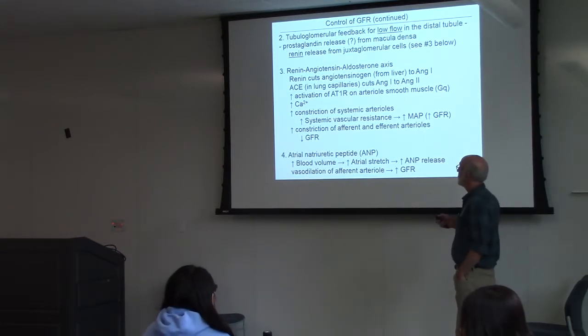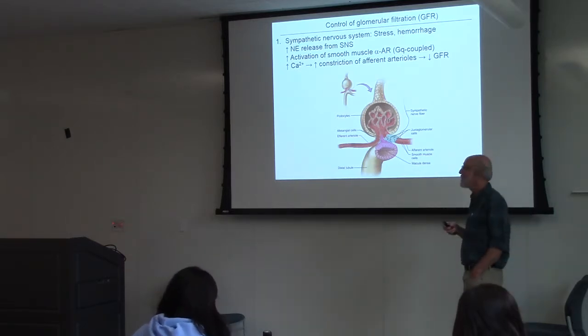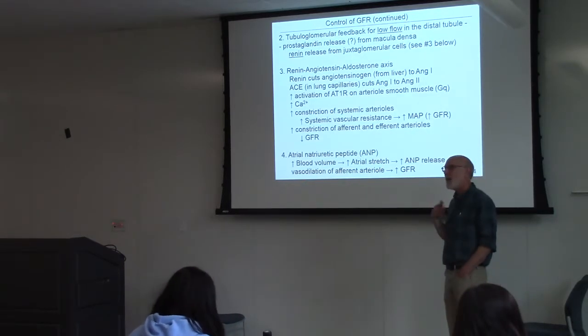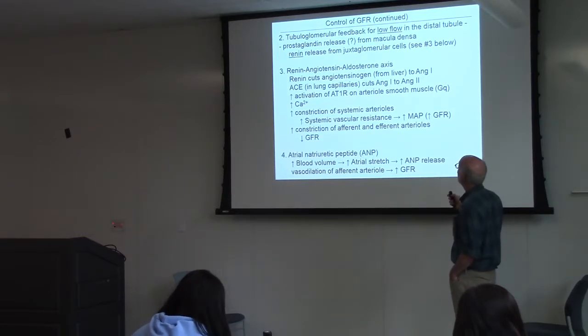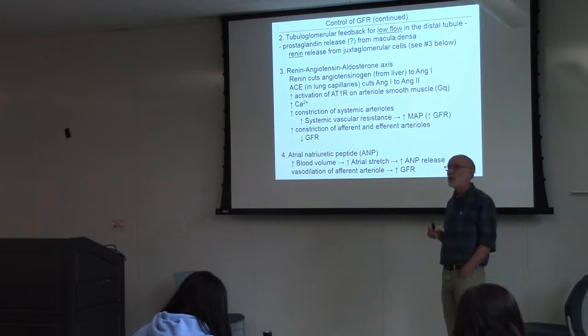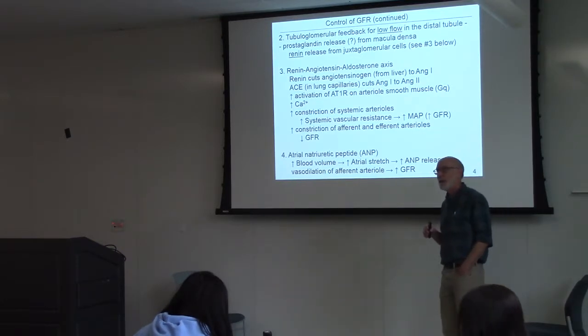Well, remember, when you talk about stress, I think you're mostly thinking about the sympathetic nervous system. So the renin-angiotensin-aldosterone axis is not primarily activated by stress. It's primarily activated by this flow in the distal tubule, which is not really a stress response. I don't think I answered your question, but it's okay.